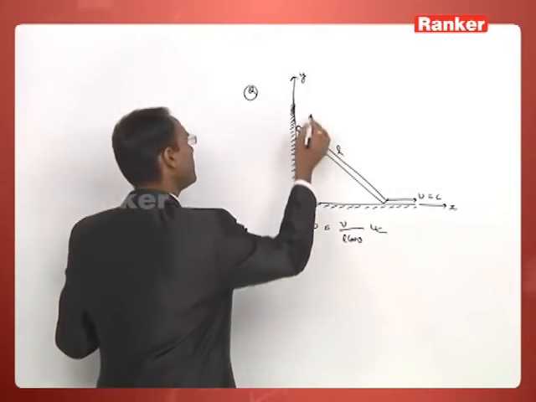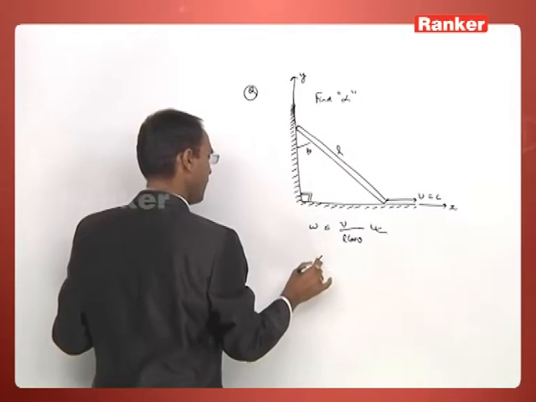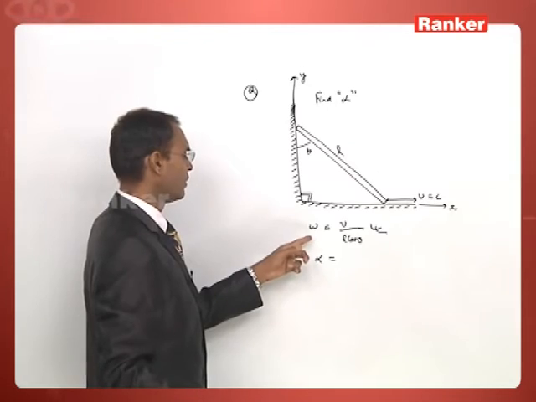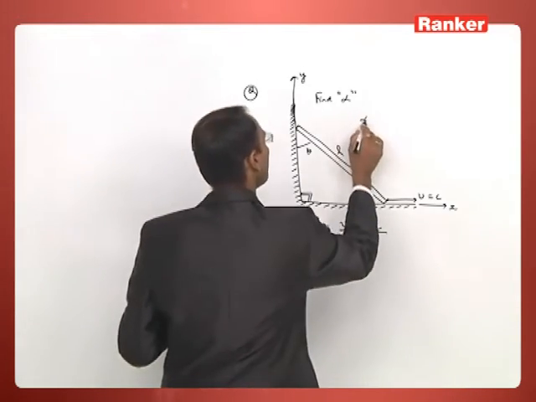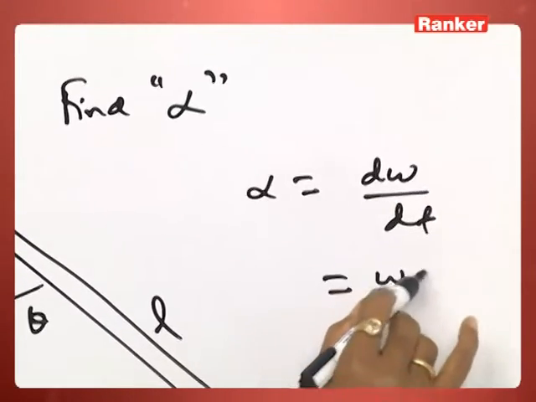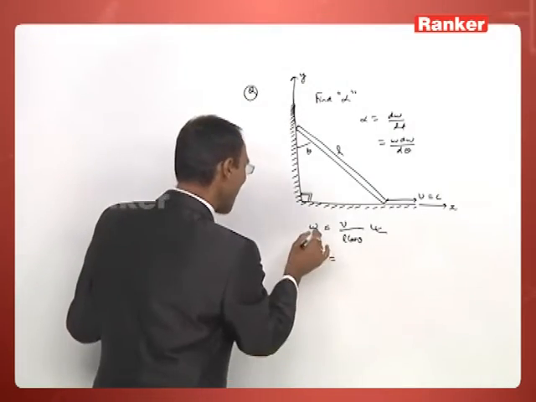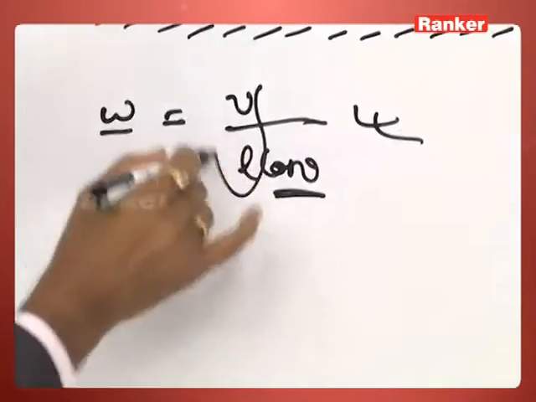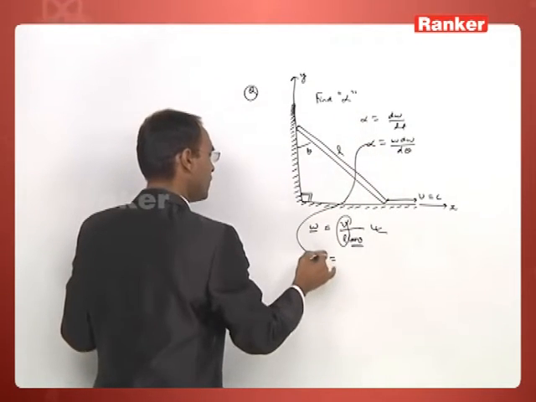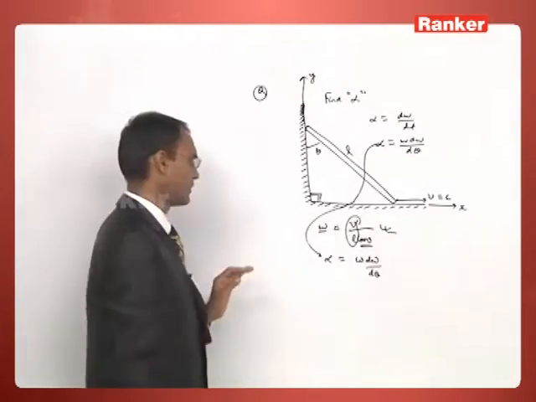Now, how to find alpha? Which formula can you use here? We have the formula alpha equal to d omega by dt. Another formula is omega d omega by d theta. Since omega is given as a function of theta, and these are all constant quantities, we need to use the formula omega d omega by d theta.